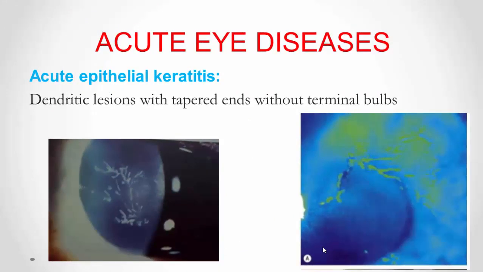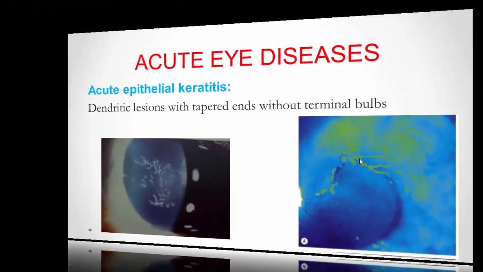The first presentation after this skin rash is usually corneal and anterior segment affection, which includes acute epithelial keratitis in the form of dendrites. But here these stained dendrites are characterized by tapered ends without terminal bulbs, not like the dendrites of herpes simplex keratitis.